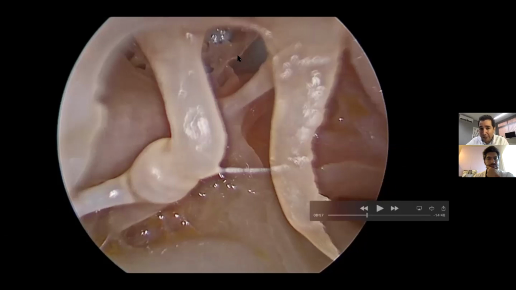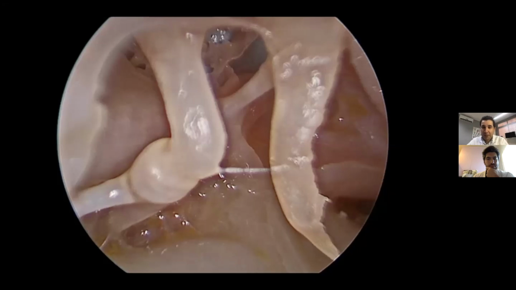But another landmark is this bone crest here. This bone crest is called the cog, C-O-G. The cog is the center of gravity of the temporal bone. If you pick up a temporal bone and put a pick on the cog, the temporal bone will not fall to any side because it's the center of gravity.